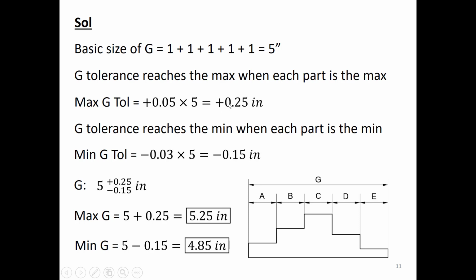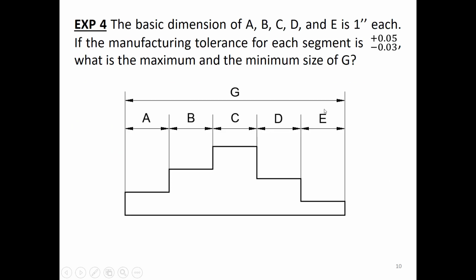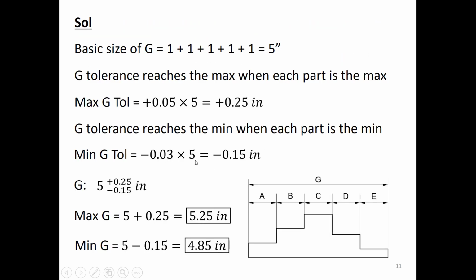And G is going to be the minimum when each part gets to the smallest dimension. So the smallest G is going to be minus 0.03, which is the lower tolerance, times 5 of these. So the answer is minus 0.15 inch.